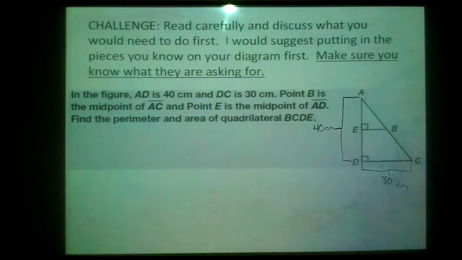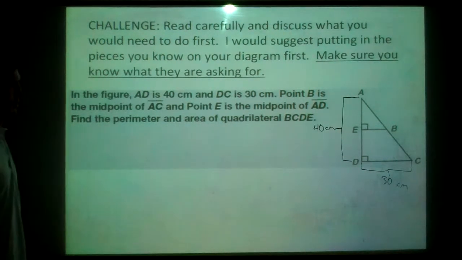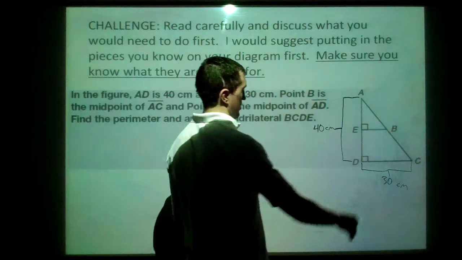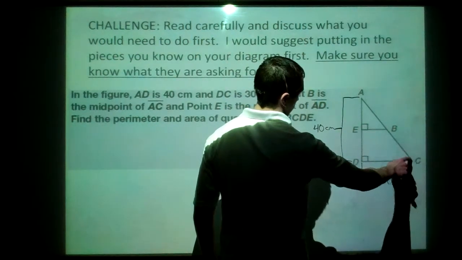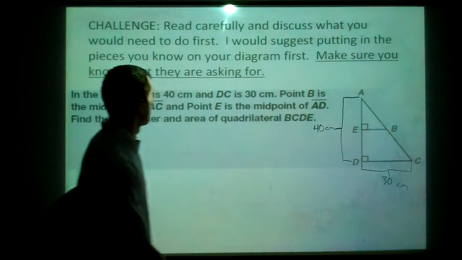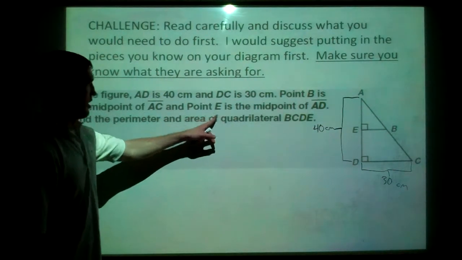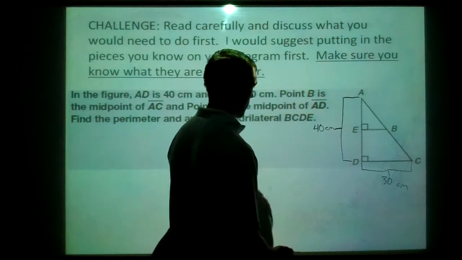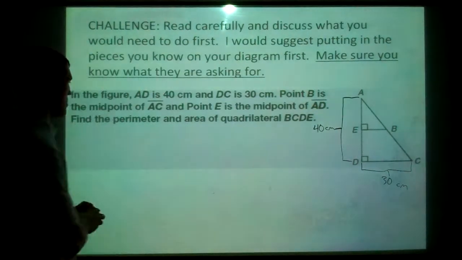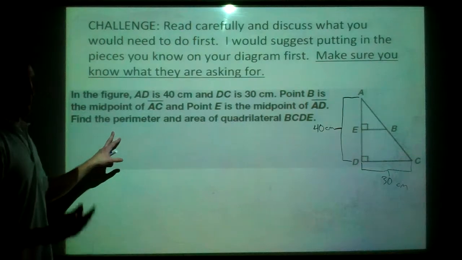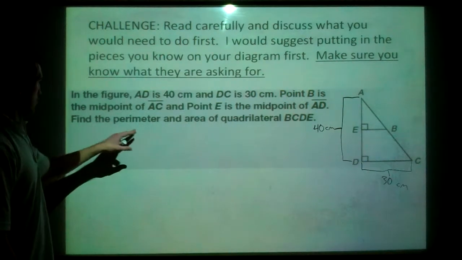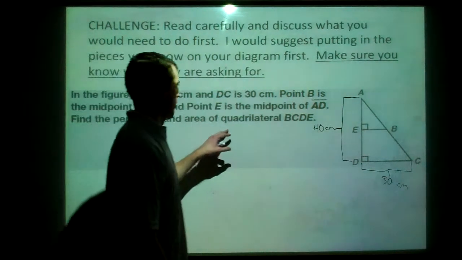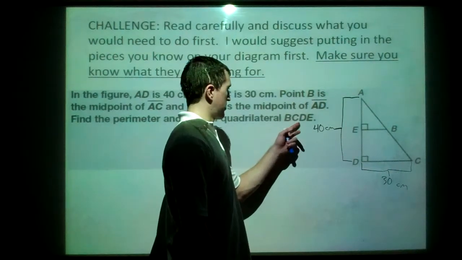Now it says point B is the midpoint of AC. Okay, so this is the midpoint. That's halfway between A and C. And point E is the midpoint of AD. So we can think about that then. Well, first we want the perimeter and the area of quadrilateral BCDE.